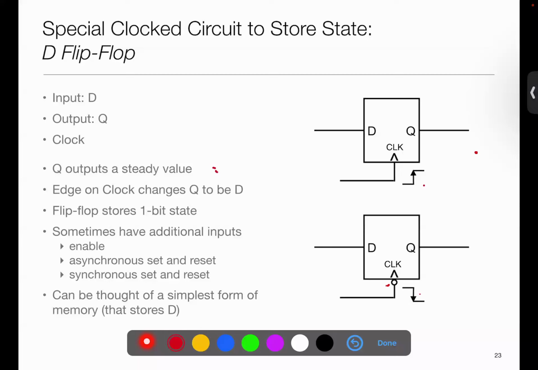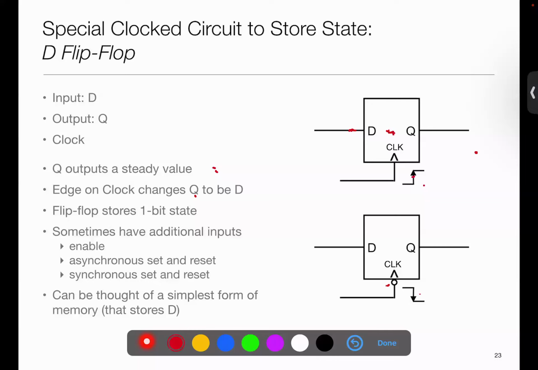Whenever there is an appropriate edge on the clock, Q becomes D. Whatever is on D gets captured. Think of it as memory inside: at the clock tick, whatever is present on the input gets stored, and Q always reflects whatever is in the memory.